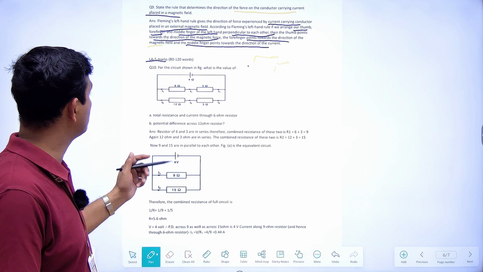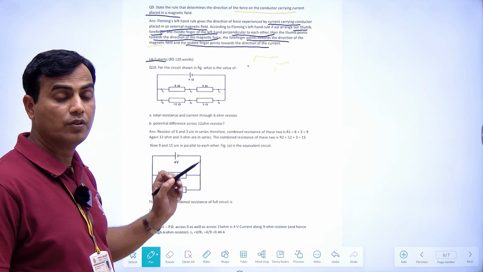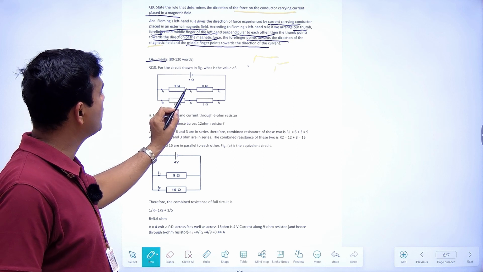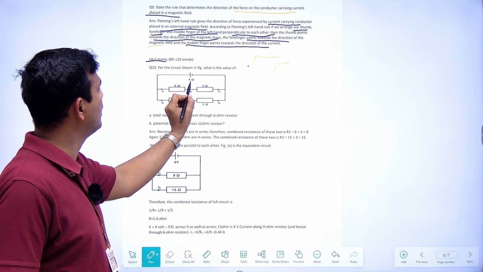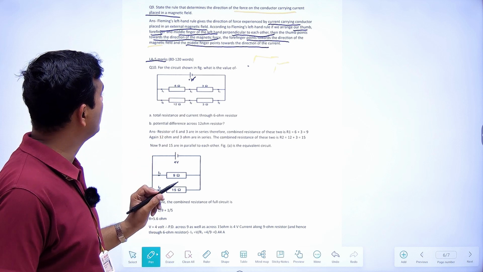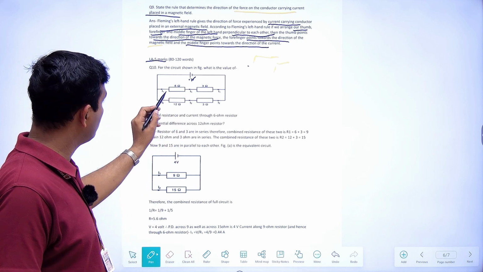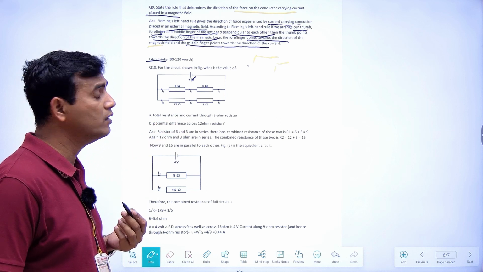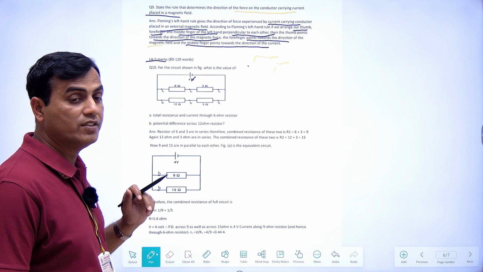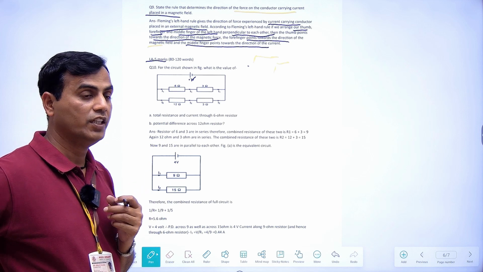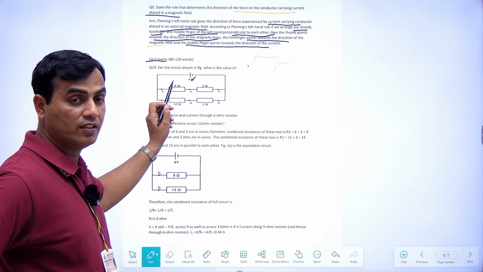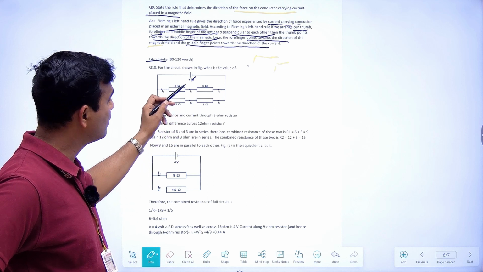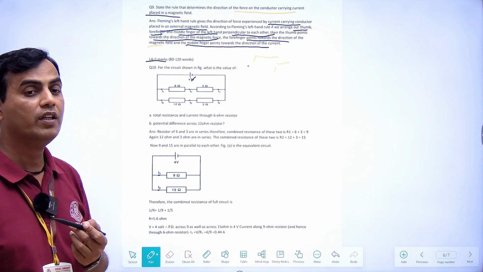So the question is, we have this particular diagram where in one branch two resistances, 6 ohm and 3 ohm, are in series, and in another branch 12 ohm and 3 ohm are in series. Both these branches are in parallel to each other. So first we add both these resistances, then both these resistances, and their parallel combination will be calculated.